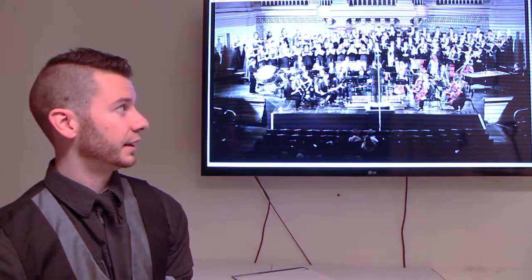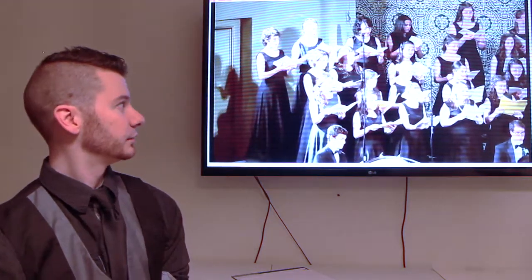Here's the choir, chant-like, many individuals singing these lines.